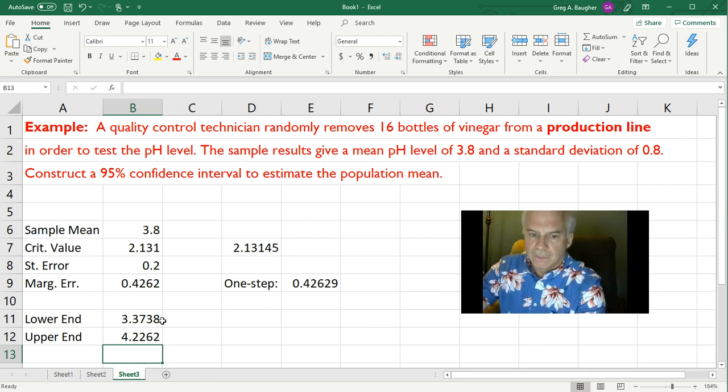So we're 95% confident that the true pH level of all the bottles in the production line is between 3.3738 and 4.2262. All right. So that's how quality control technicians could estimate the true pH level of all the bottles produced by the factory.